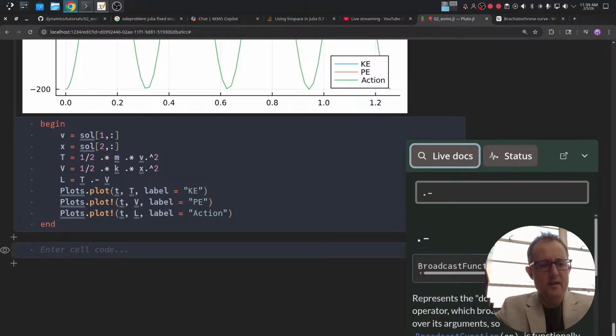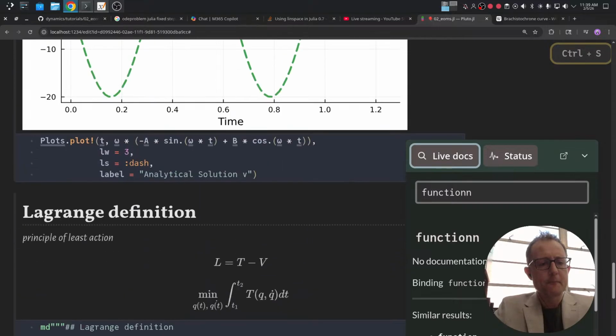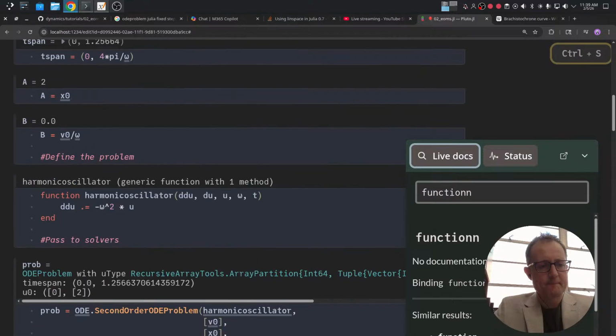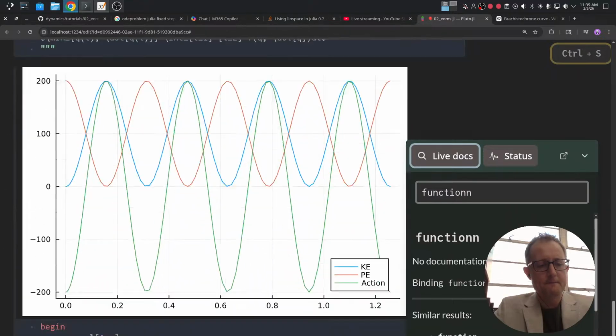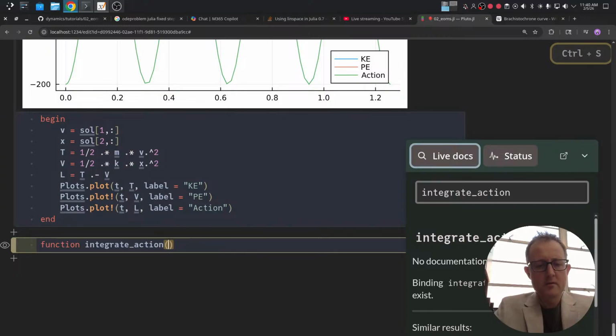So we'll say we say function, right? Function, yeah. And let's give it values of L and values of time.